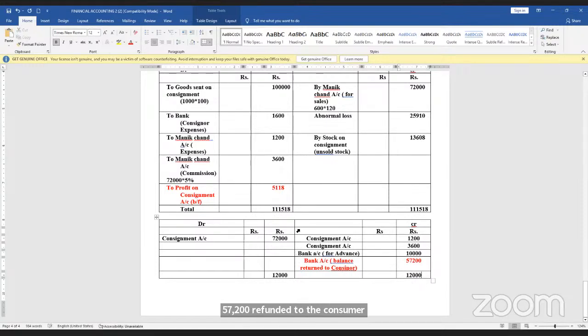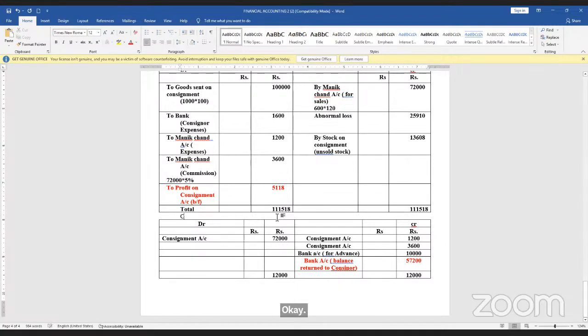Okay, whose account is this? Consignee. Who is the consignee here? Manik Chand. Okay, Manik Chand account.